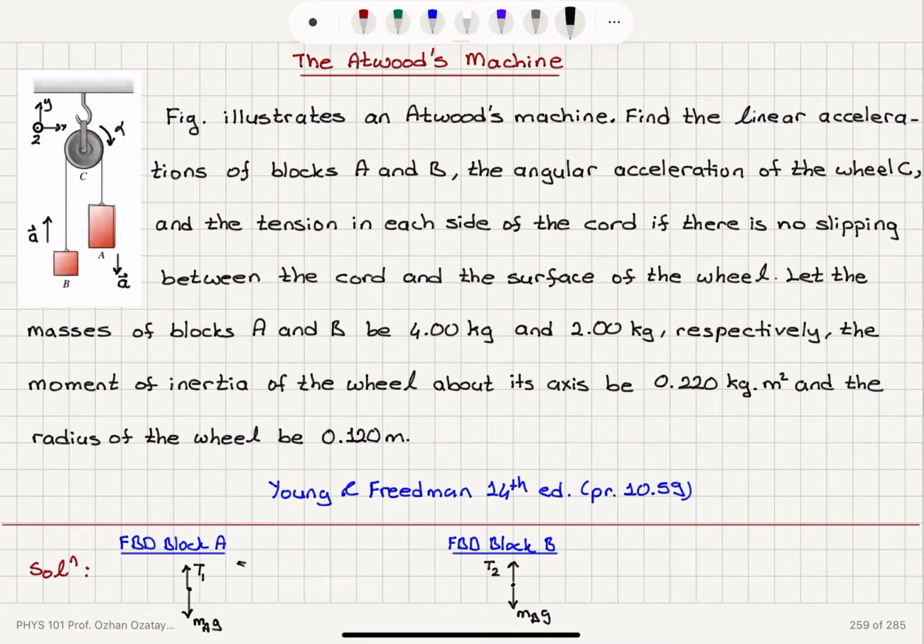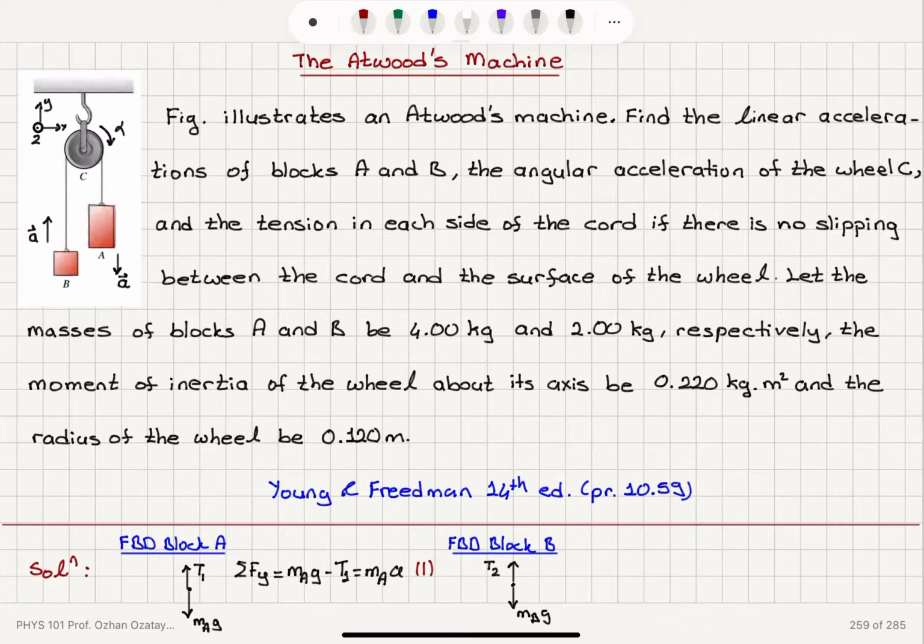Net force acting on the y-axis on MA, let's write this in the minus j hat direction because that's where I'm assuming acceleration is pointing. So MAG minus the tension T1 is equal to mass of A times the common acceleration A. Let's call this equation 1.